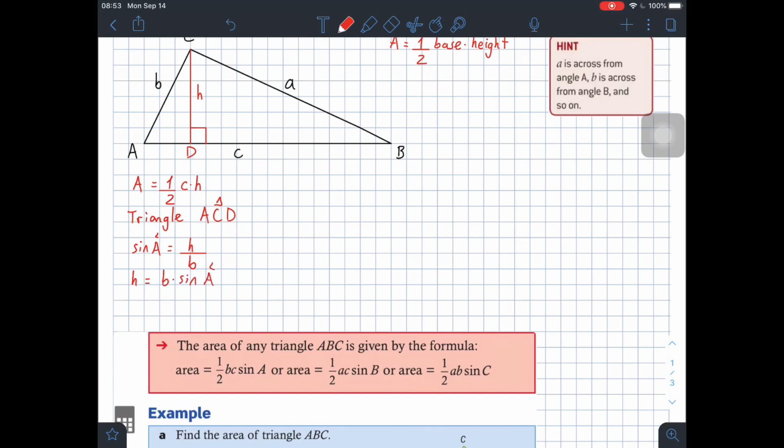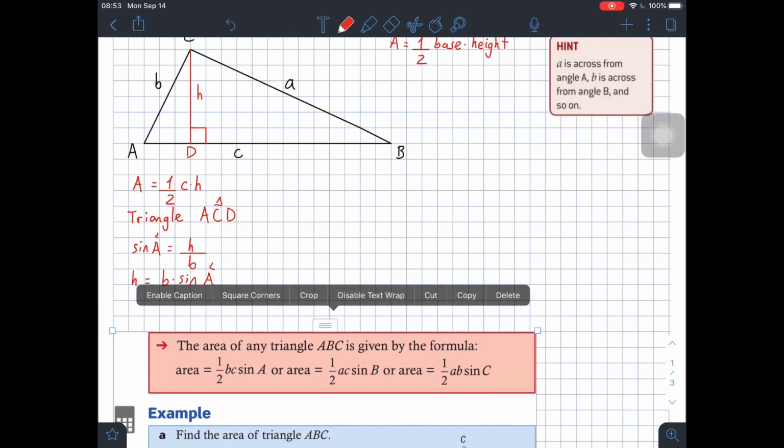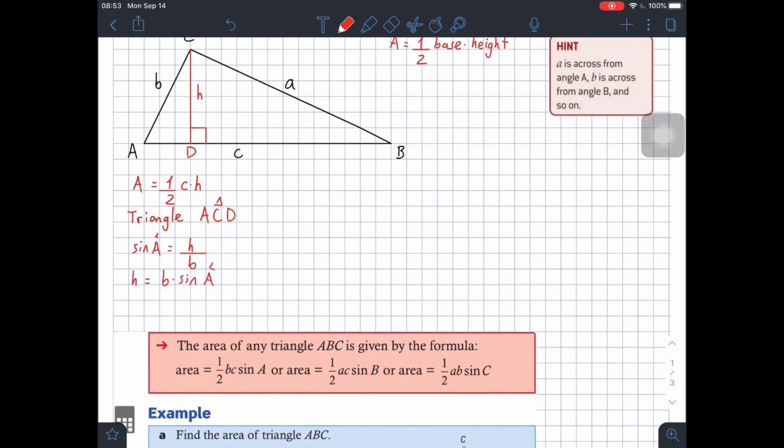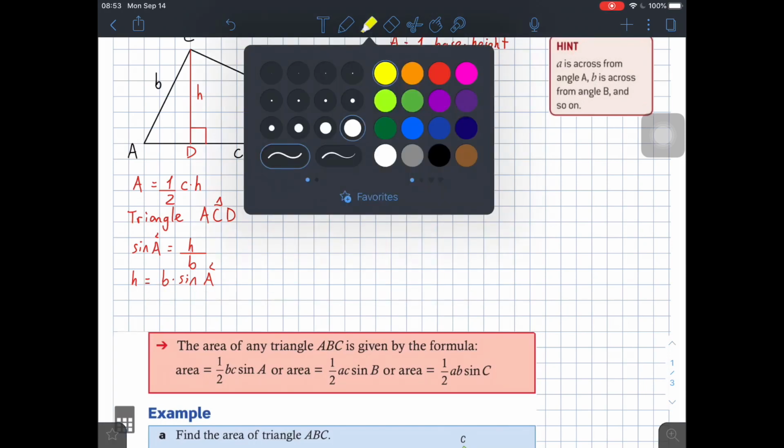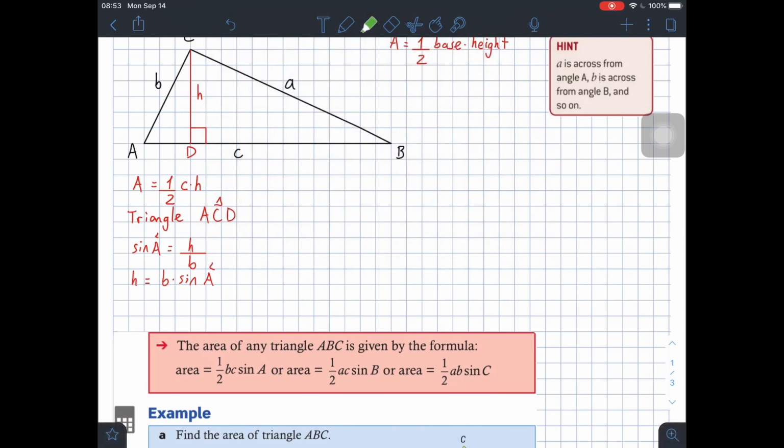Now what if I replace this equivalent expression of height into the general formula we wrote at the beginning? I'm replacing h with its equivalent value, which is all of this.